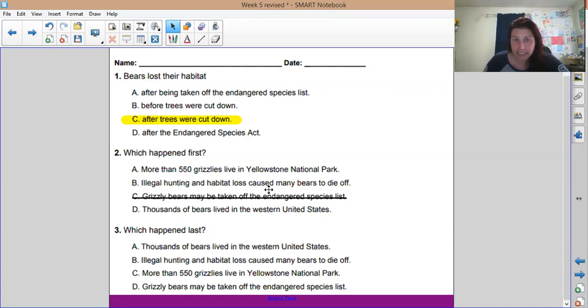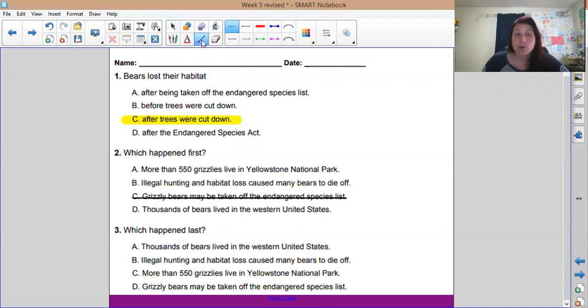Caused also has an ED, so that does mean it happened in the past. And this one is present tense. It says more than 550 grizzlies live in Yellowstone National Park. So that means they are looking at the population this very moment, present day. So B and D take place in the past. A is taking place in the present.